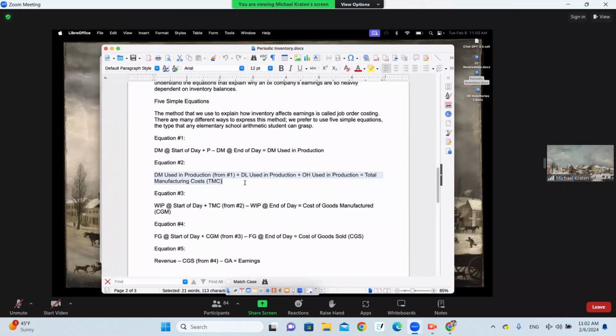The sum of those 3 different types of resources used in production today is the total amount of resources used in production today. And that acronym stands for total manufacturing costs, which means total of all resources, the clay, the laborer, and the overhead, meaning everything else, used in the production process today.